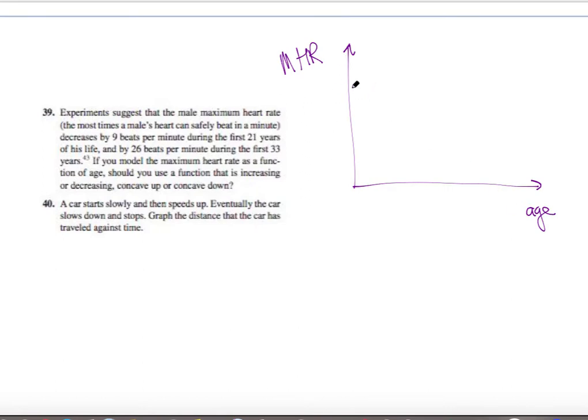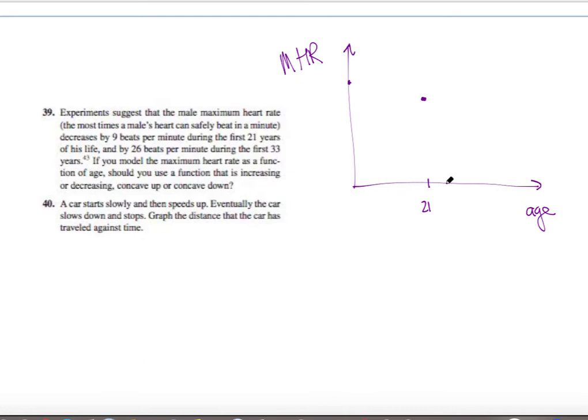And during the first 21 years of life, so I don't really know where I start, but for the first 21 years of life, I decrease by about 9 BPM. So I'm going to guess this is around 160 or so as a good maximum heart rate for now. During the first 21 years, so 21 years is quite a while. So let's say this is 21 years.